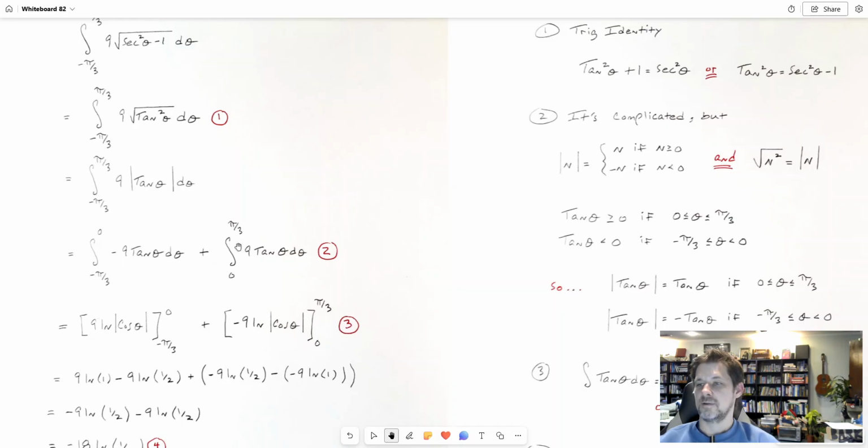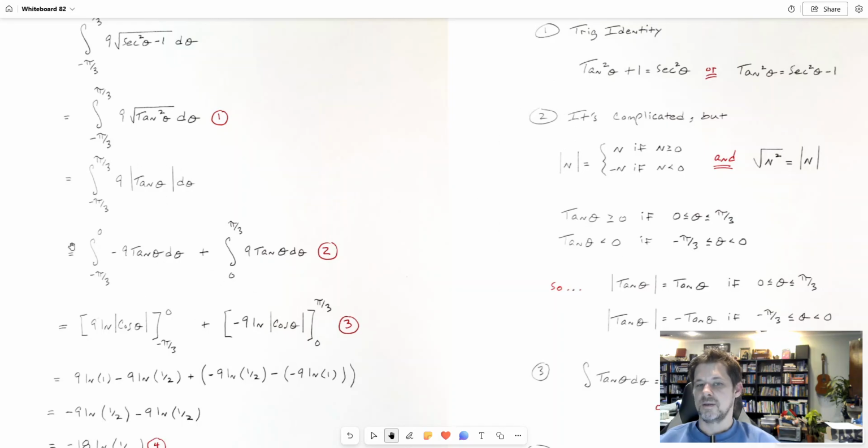And then over here, what's the absolute value of a number that you know is positive? It is just that number. The absolute value of n is n if you know that n is positive. So in this case, from 0 to pi over 3 in quadrant 1, I know tangent's positive, so the absolute value of tangent under that condition is tangent. All right, so that is the reasoning for getting us from here to here.